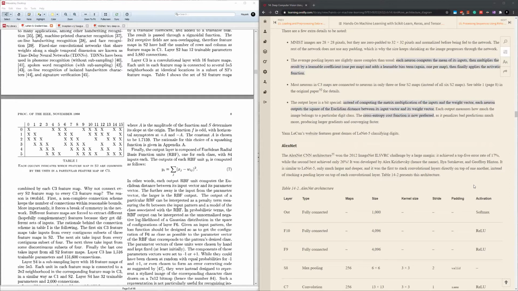I would just like to comment on the query that you had with respect to the number of layers that we use in today's world.